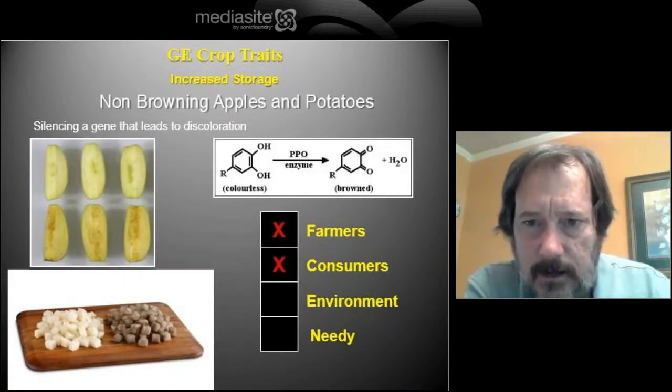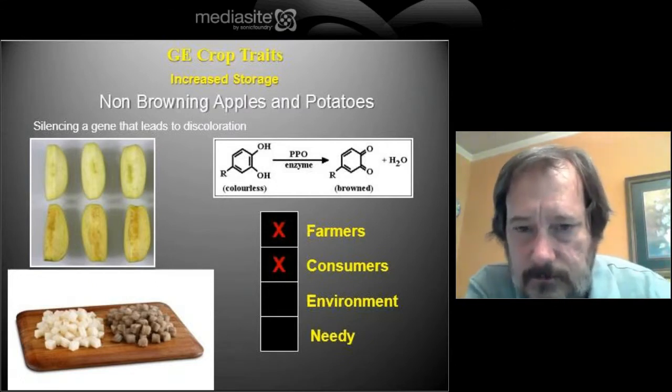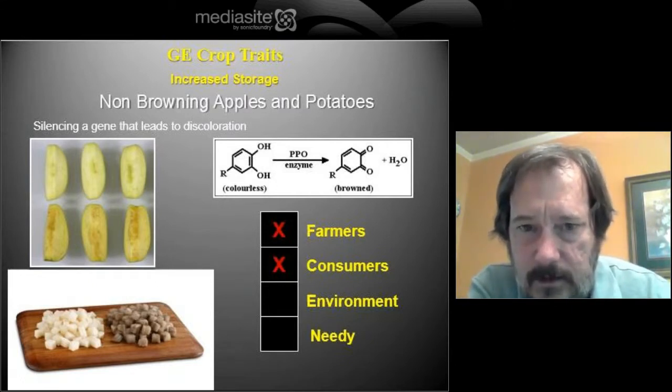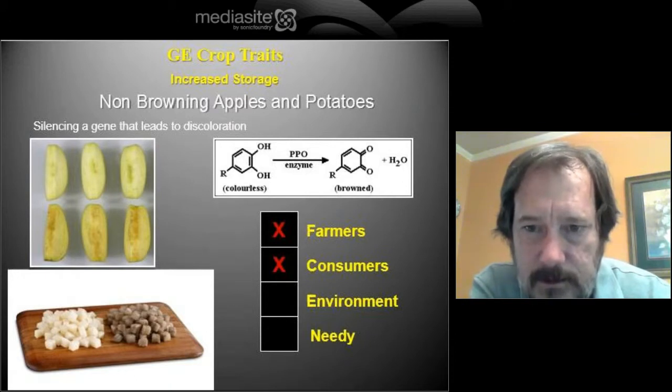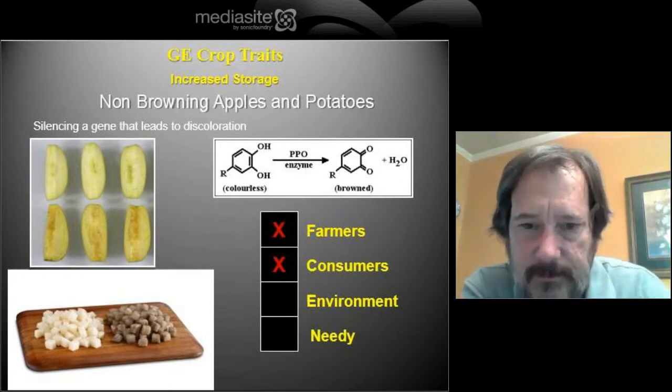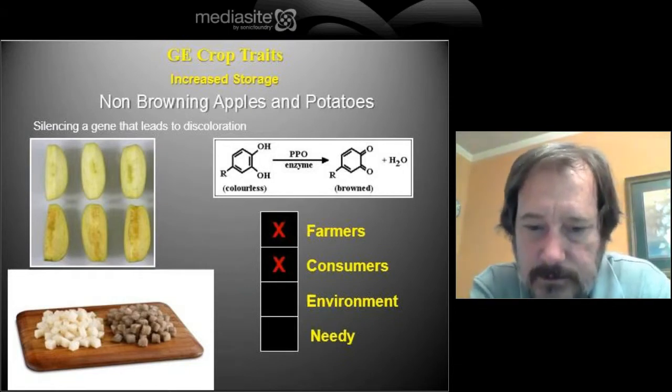I lumped these two together as increased storage. On the top left you have an Arctic apple. The three apples on the top are Arctic, and the three apples on the bottom are conventional. And what they've done is they've engineered these crops, and there's no genes moved from another species.